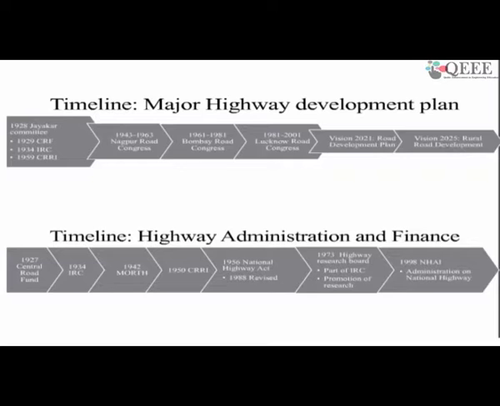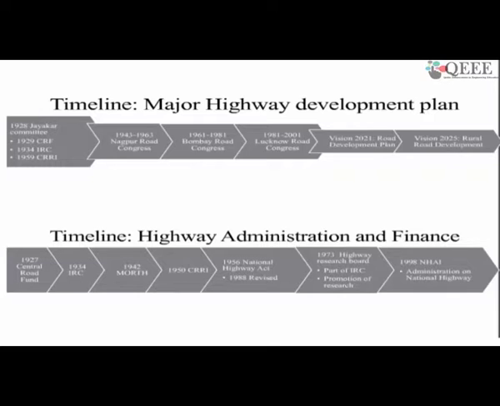Also, to look into the research part, CRRI, the Central Road Research Institute, was formed in 1950. They looked into various developments, the research component of it, and provided guidance for the development.